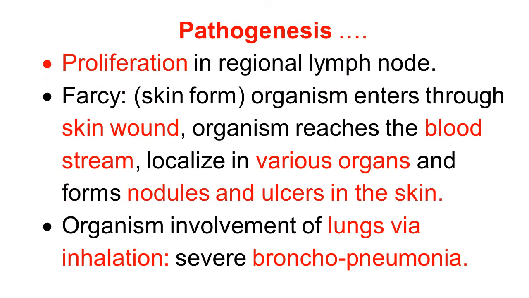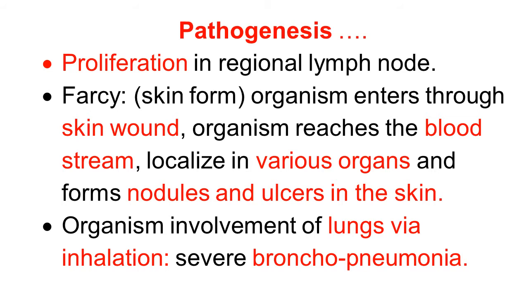We continue the pathogenesis. After entry, the organism proliferates in the regional lymph node. This disease is also called by the synonym farcy. It is a cutaneous form. When the skin is involved, it is called farcy. In this, the organism enters through a skin wound.